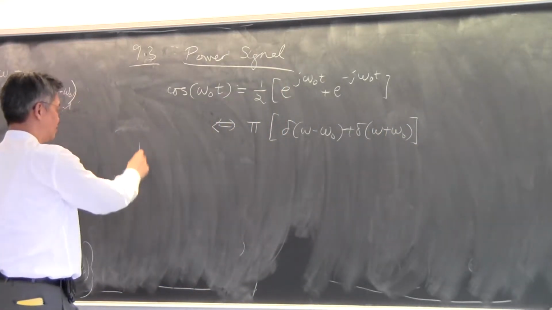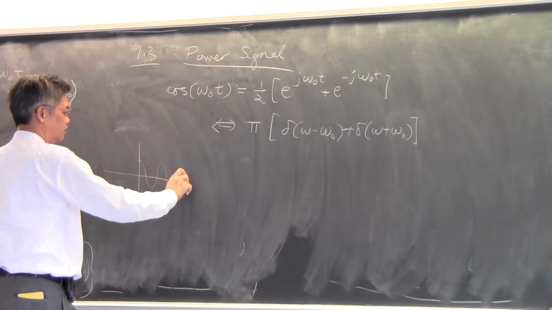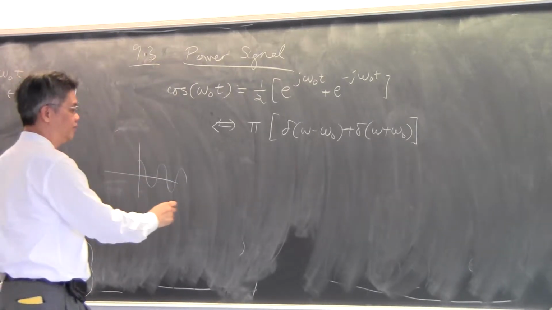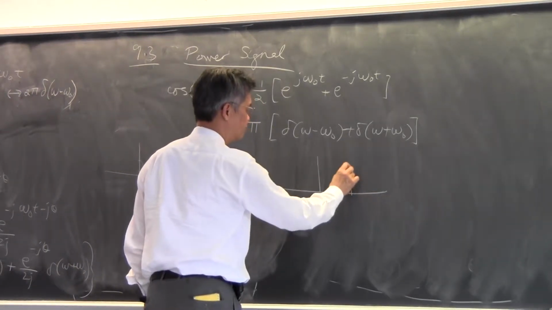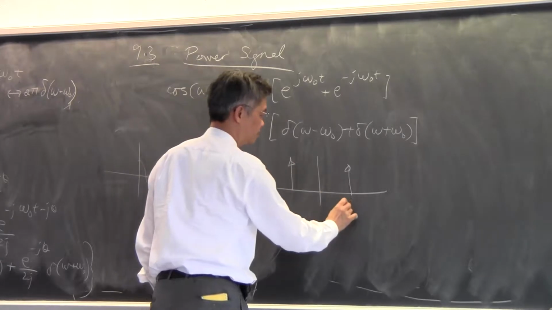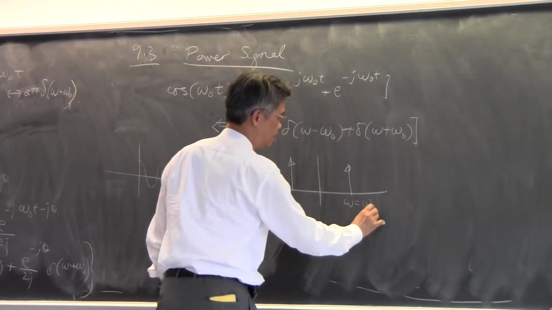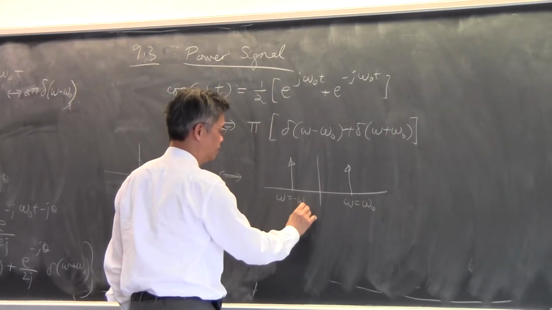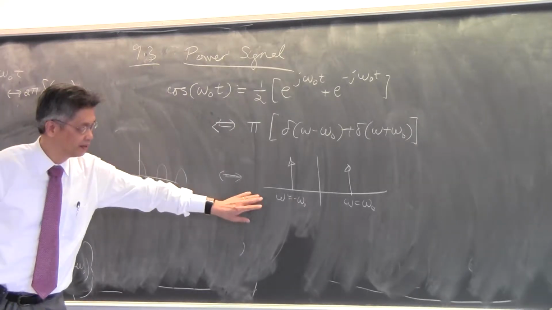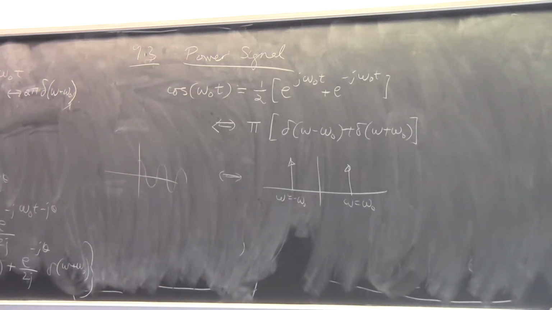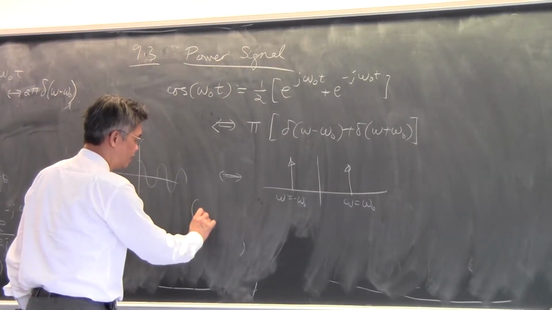So this is a signal that is cosinusoidal in the time domain, but in the Fourier spectrum, it has 2 peaks, 2 delta functions, at omega equal to omega naught and omega equal to minus omega naught. So at any instant in time, it has finite power, but the delta functions have the property that it has infinite energy, because this is a non-integrable quantity.